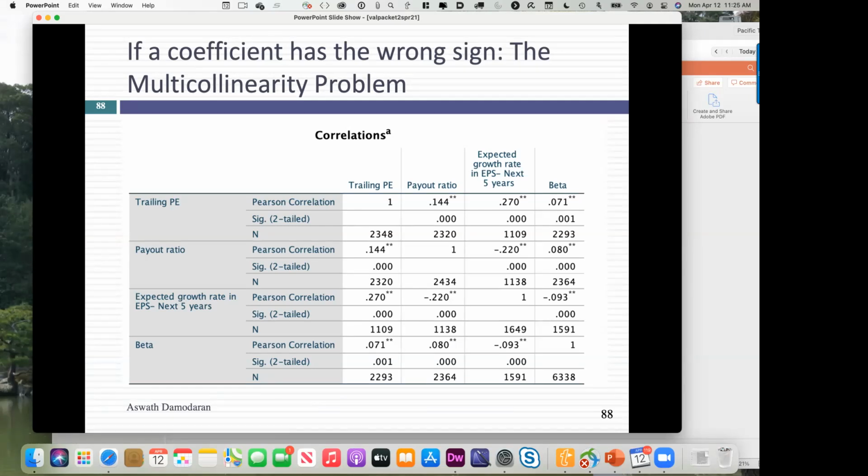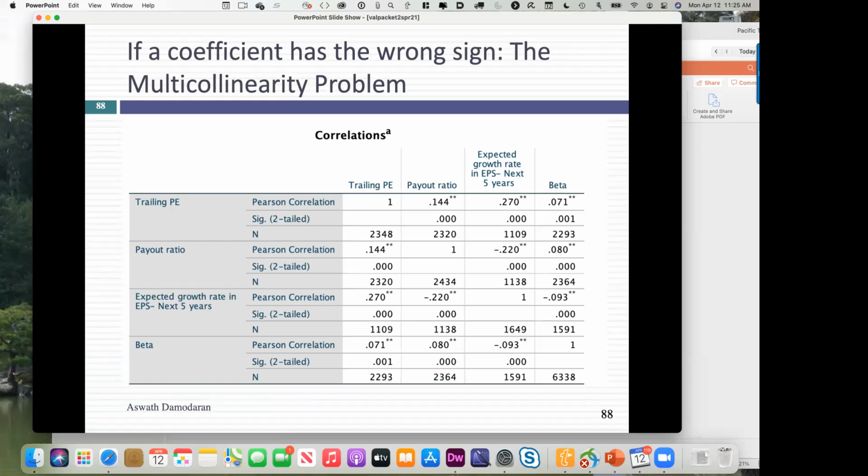In statistics classes, they do a big song and dance about multicollinearity. Now, there are two things you can do when you have multicollinearity. You can try to find other variables that are not correlated with each other, but that's never going to be possible in finance. Or you can just live with the multicollinearity. When you have multicollinearity, as we do, it doesn't mean the regression cannot be used.